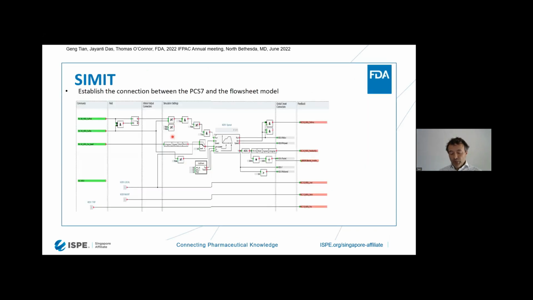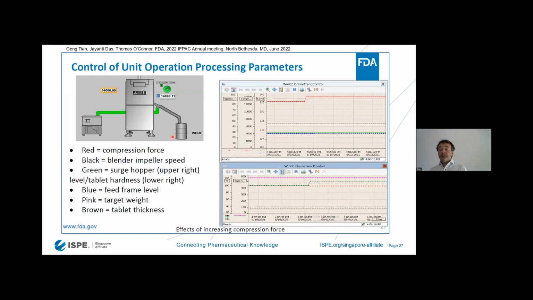And then we have the operator training layer, in this case, which we use to connect the flowsheet model, the virtual plant, to the DCS system. So that was done as part of the project for the FDA. And then once you have the connectivity, you can actually use this system in a virtual world, because they did this before they installed their CDC line, to look at certain scenarios.